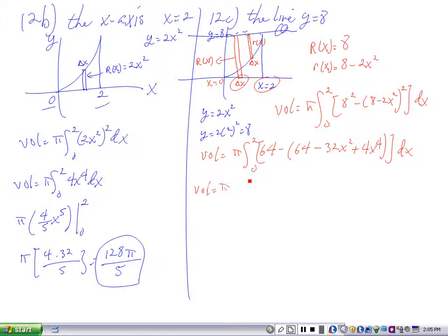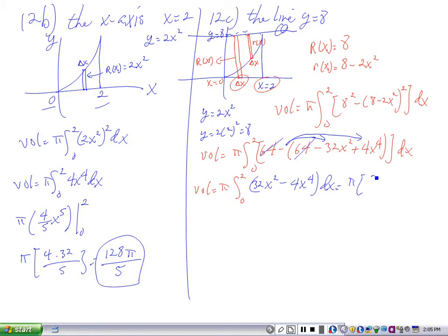The volume is pi times the integral from 0 to 2. The 64 minus 64 cancel out, right? And then we negate everything else inside. So we get 32x squared minus 4x to the 4th, dx.